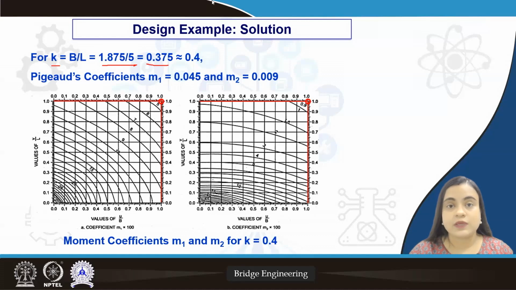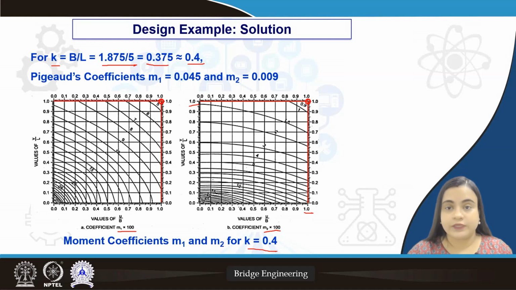So by using Pigeaud's coefficient method, we can refer to the charts for k equals 0.4. If we try to locate u by B and v by L equal to 1, m1 times 100 turns out to be at this point, and similarly from the second chart, m2 times 100 gives us this much value for u by B equals 1 and v by L equals 1 as well.